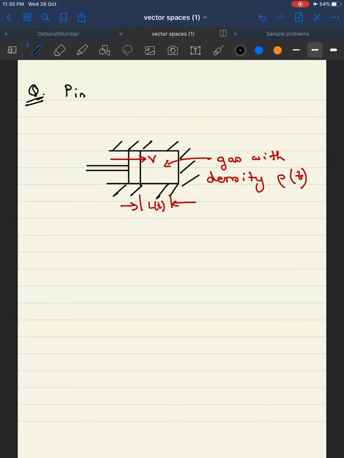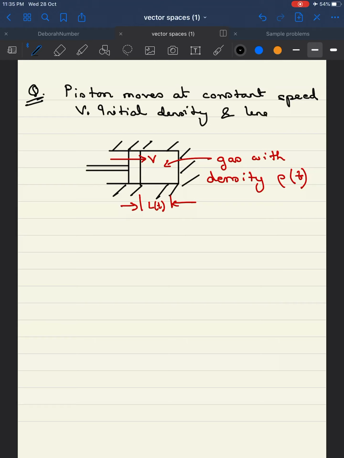okay, the piston moves at constant speed v. Let's say this v is given to you, and the initial gas density and length are rho naught and L naught.